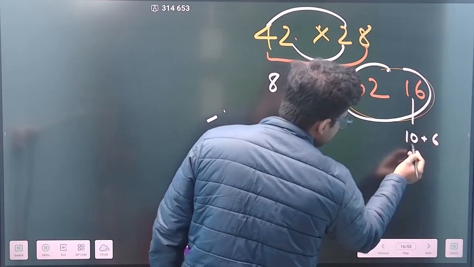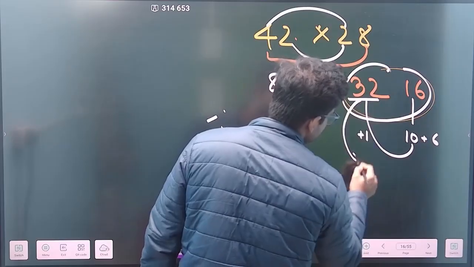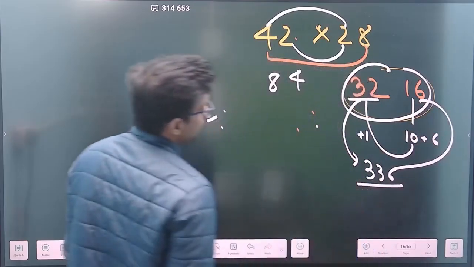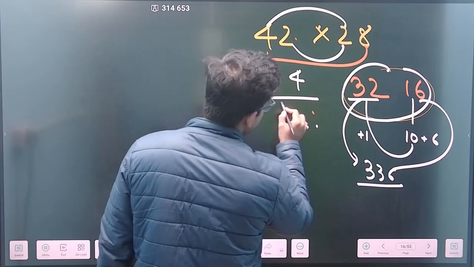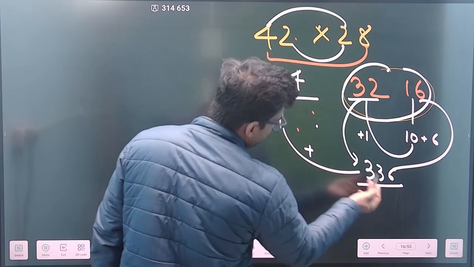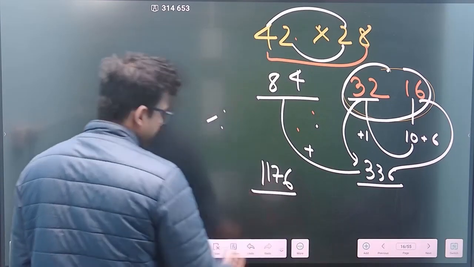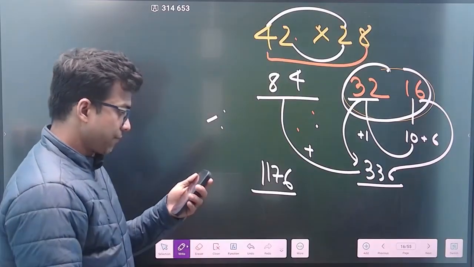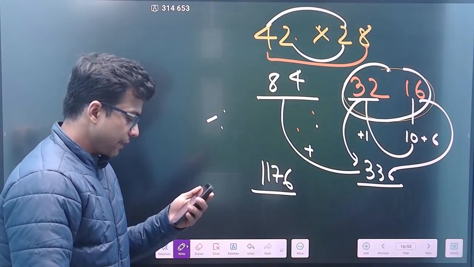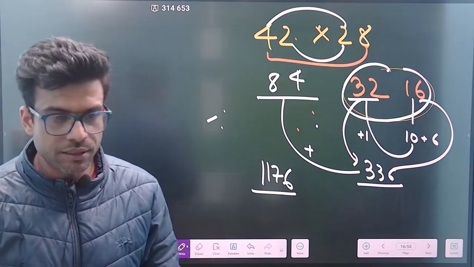So this 10 will go here, 1 will go here, this will become 33, and write down 6 as it is. Now the point is we need to add this number 84 plus 336, which is 1176. Clear? Please confirm, is it clear?